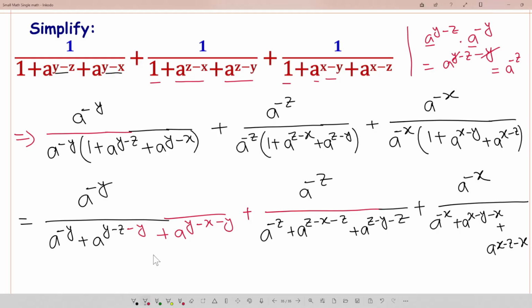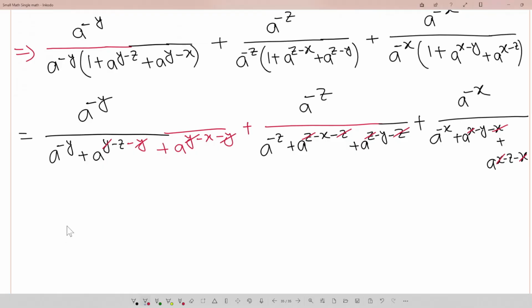Okay, so in all the parts, plus y and minus y go out, z and minus z go out, x minus x goes out.